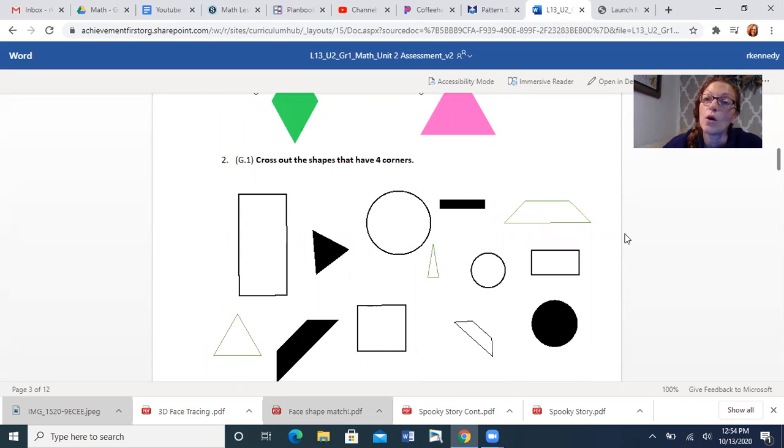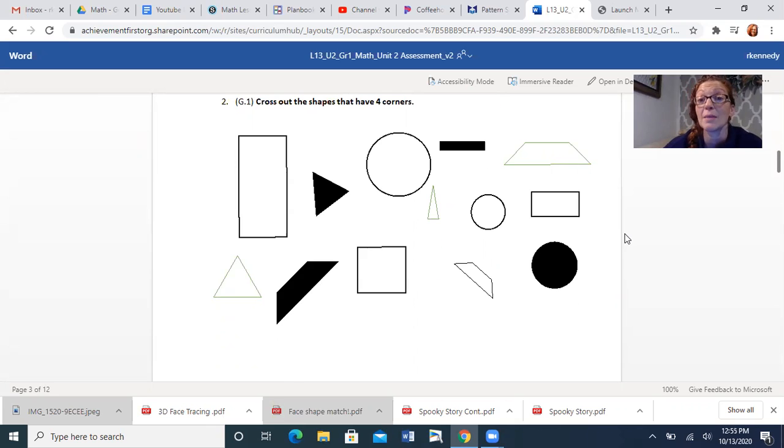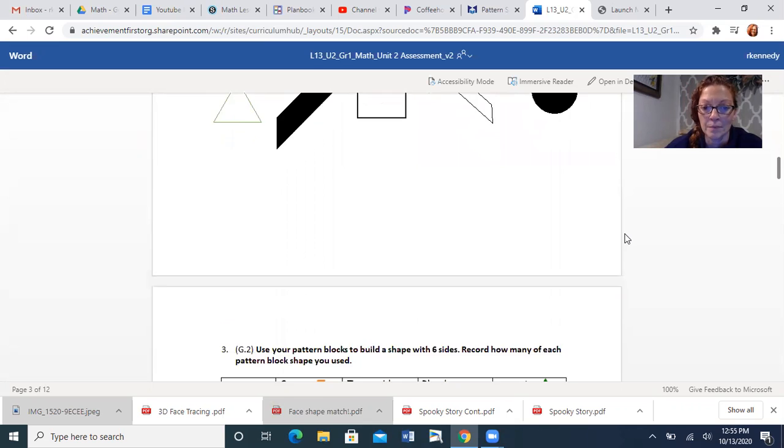We want to see what they learned this whole unit, so we know what to review and to work on more throughout the year. They need to cross out the shapes that have four corners or put some sort of scribble on them. That way we know which shapes have four corners, because there's more than one.